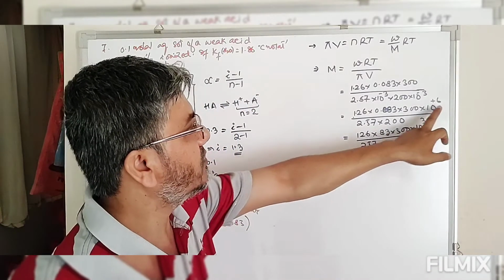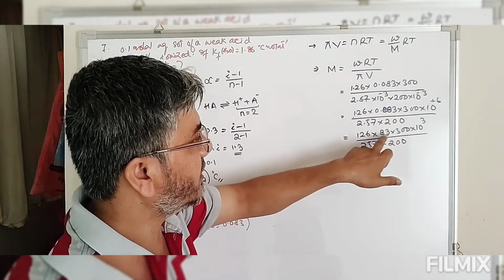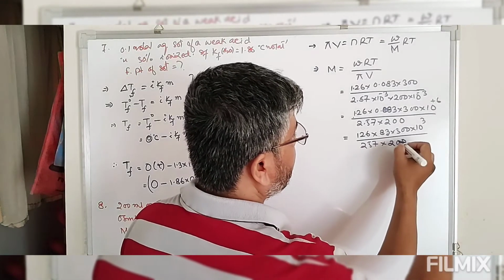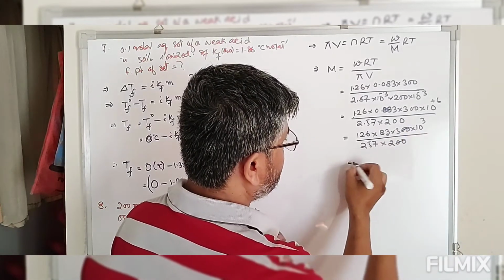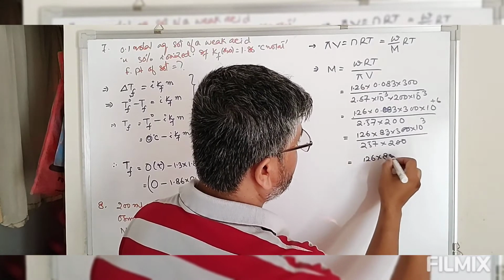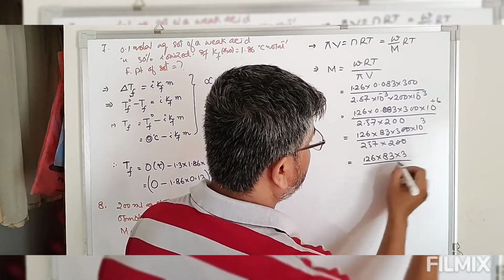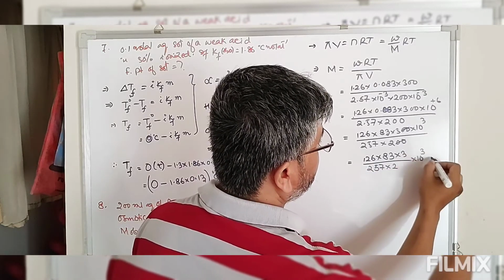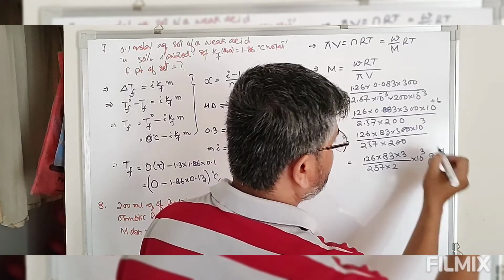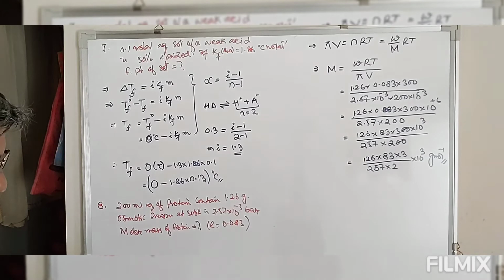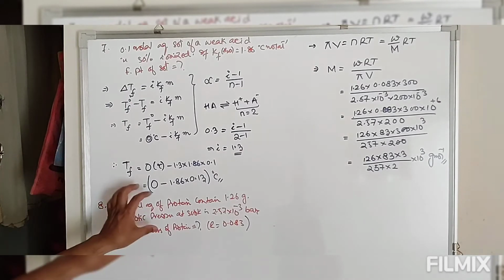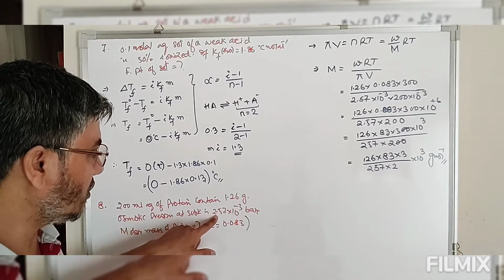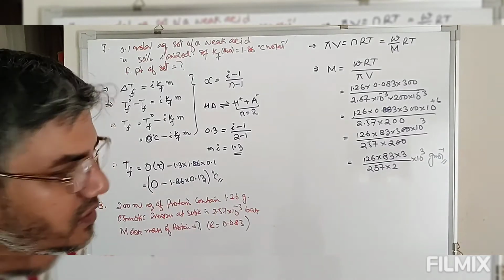So 10 to the power 3 multiplied by 0.083 comes out to be 83. Again we can cancel this out, so it is 126 into 83 into 3 divided by 257 into 2 into 10 to the power 3 gram per mole. So this is the molar mass of the protein whose 200 ml solution at 300 Kelvin has osmotic pressure 2.57 into 10 to the power minus 3 bar.